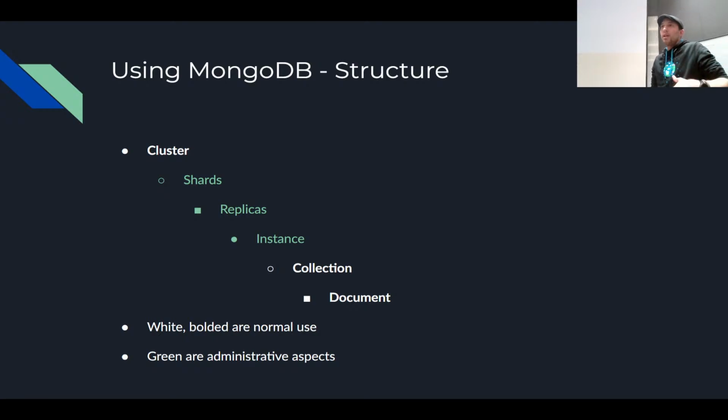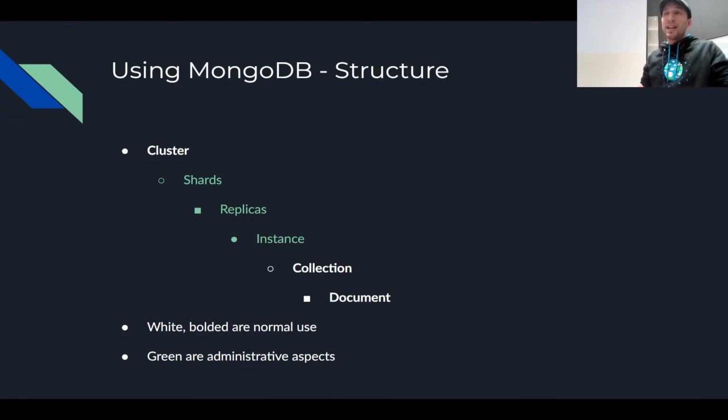So, MongoDB, when you set it up as a cluster, even if it's just a single node, okay? You can optionally shard your data, basically say, this data goes to this server, this data goes to that server, and that can help performance. You can also do replication, so you can have multiple copies of your data for redundancy. If a node goes down, you don't care, there's a copy elsewhere, and that way you can avoid downtime.